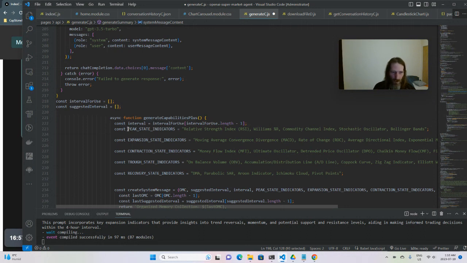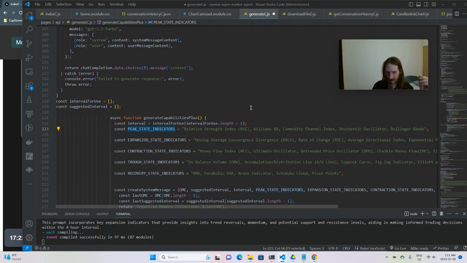So we have the peak state indicator, relative strength, William %R, commodity channel index, stochastic oscillator, and the Bollinger Band. I can't always trust my memory, but I use ChatGPT 4 to help me create prompts, right?